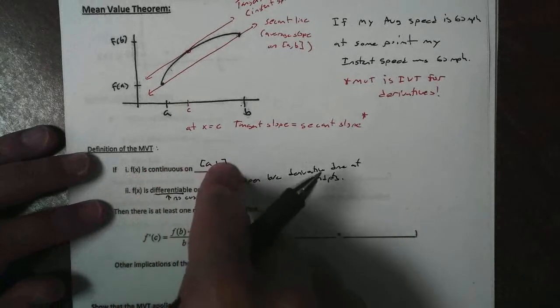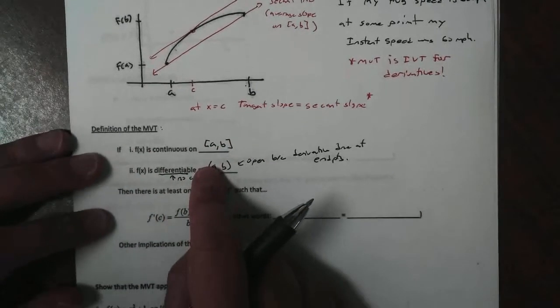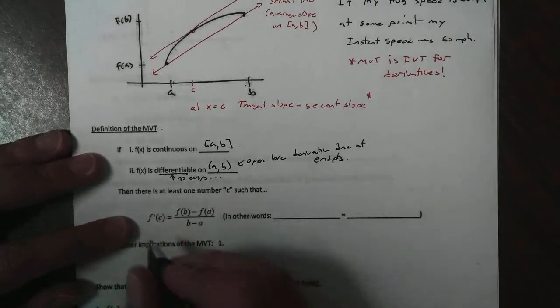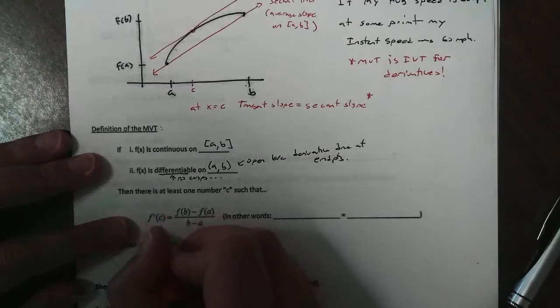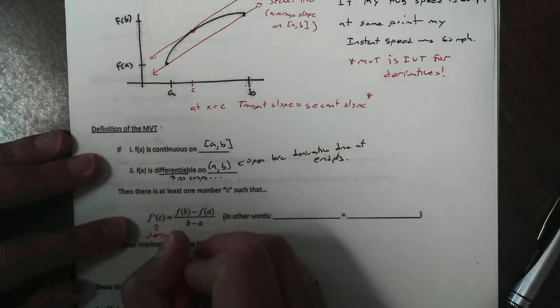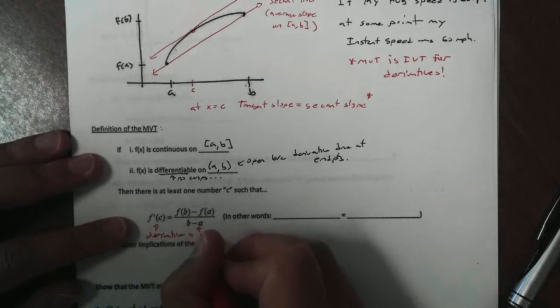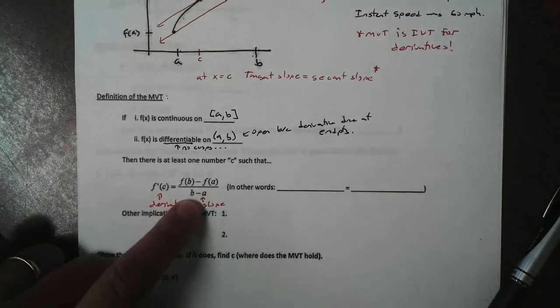If the function is continuous and differentiable, this is what the mean value theorem says: there's at least one number c such that the derivative of the function at c is equal to the slope, f of b minus f of a over b minus a.